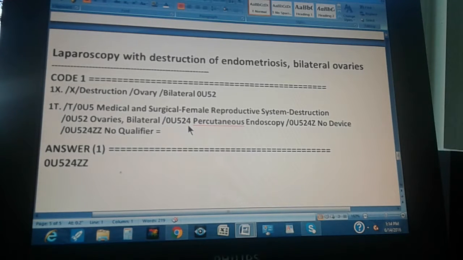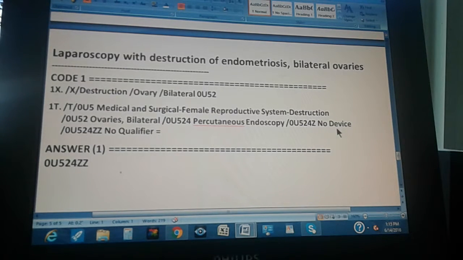So now we're okay with the code from the index. Now we're going to continue finding out the next characters. We have to complete the 7 characters. The next one is 4. Why? Percutaneous endoscopic. A laparoscopy is an endoscopy, and it's percutaneous. So that's why we need a 4. And then the next one is a Z. Why? No device, because we don't leave anything in the body.